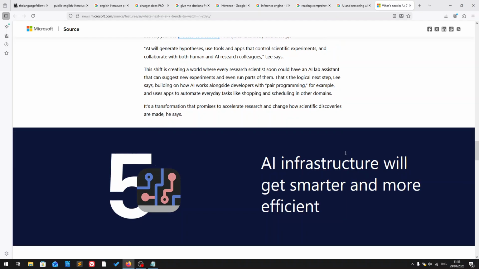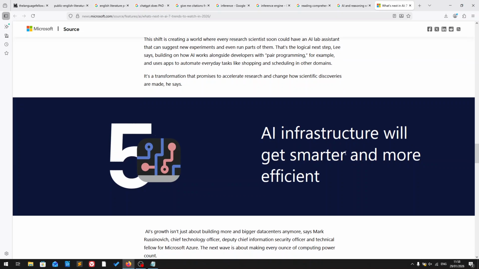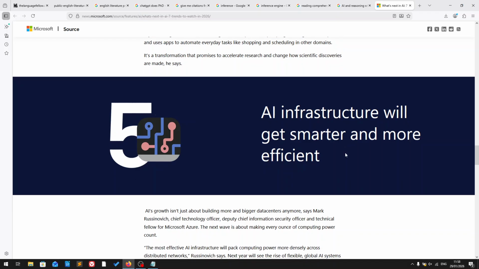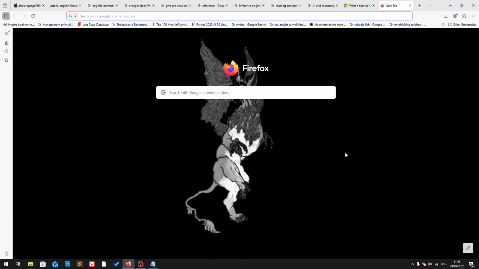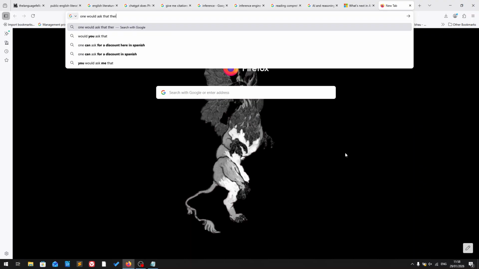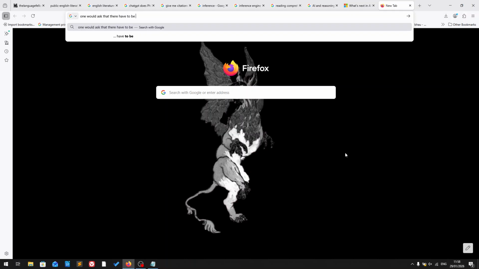That's the logical next step, Lee says, building on how AI works alongside developers with pair programming, for example, and uses apps to automate everyday tasks like shopping and scheduling in other domains. So it's a transformation that, yeah. So with all of this, one would ask that there have to be checks.